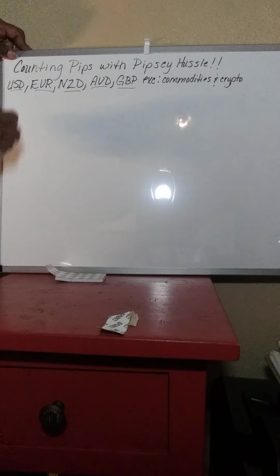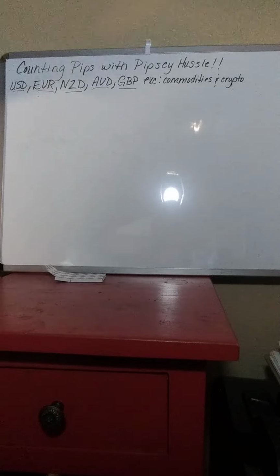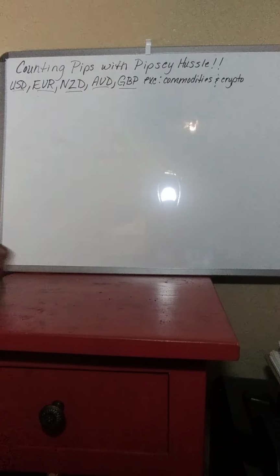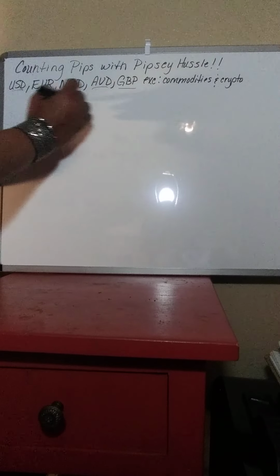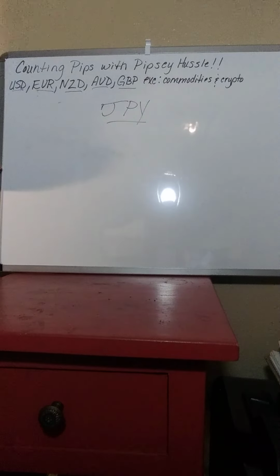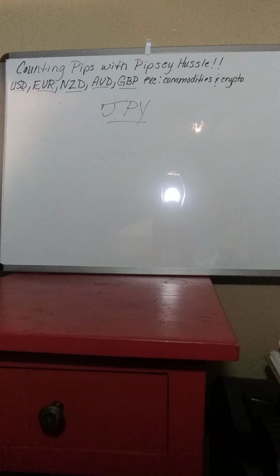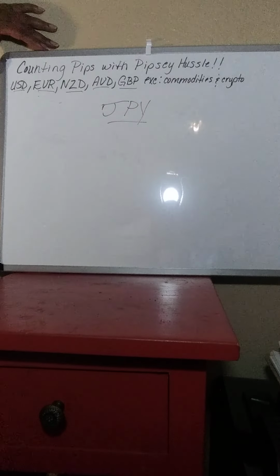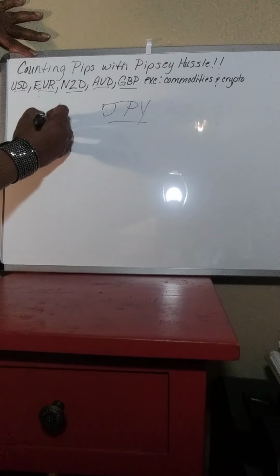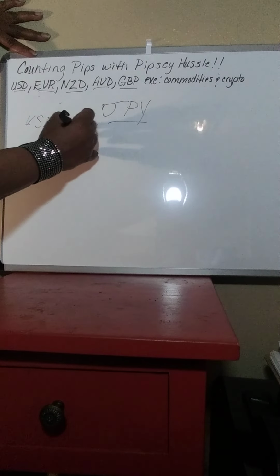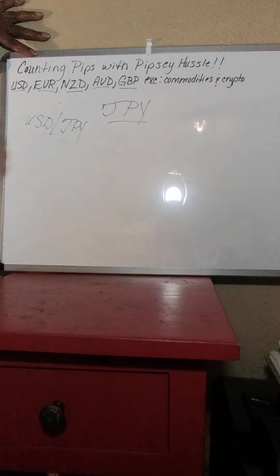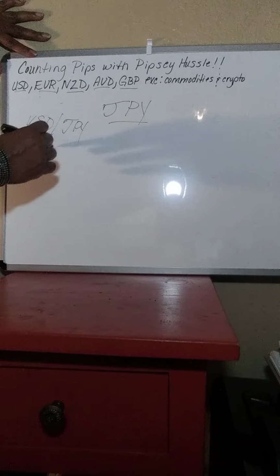Now, I'm going to give you an example of how you calculate your pips with Japanese pairs. Totally different. Japanese pairs are different. That's the JPY pairs, Japanese yen, for those that don't know. With JPY pairs, we're going to use USD/JPY, and for that particular one, we're going to do a buy.